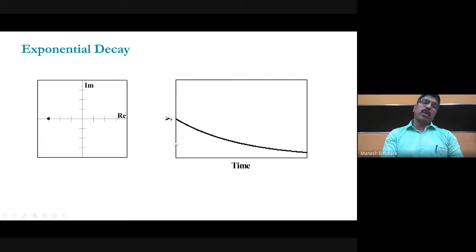So when there is no input, your output will approach 0. When poles are located on the left side of the s plane, your system is stable, right? This is on the left hand side of the s plane, on the real axis, and the response of that system is like this, right?